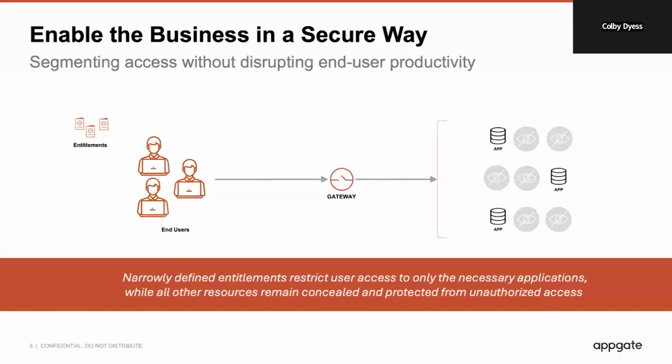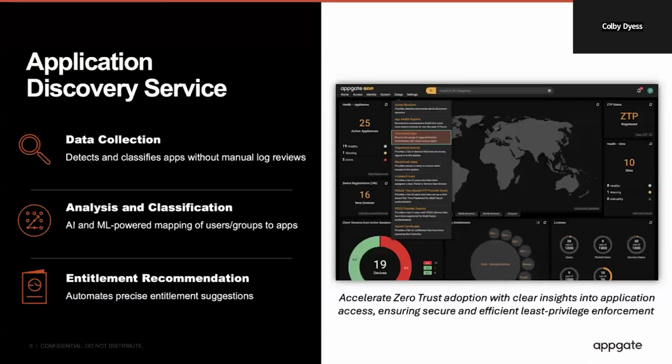So ideally, you want to move from the before picture to the after picture as quickly as possible. And even better, if you can do that in a way that doesn't impact the end users. It doesn't affect their productivity. And so that's really where the application discovery service begins to change the game here. Rather than relying on manual log reviews or weeks of back and forth with stakeholders, the application discovery service automatically detects and classifies the application usage in your environment.